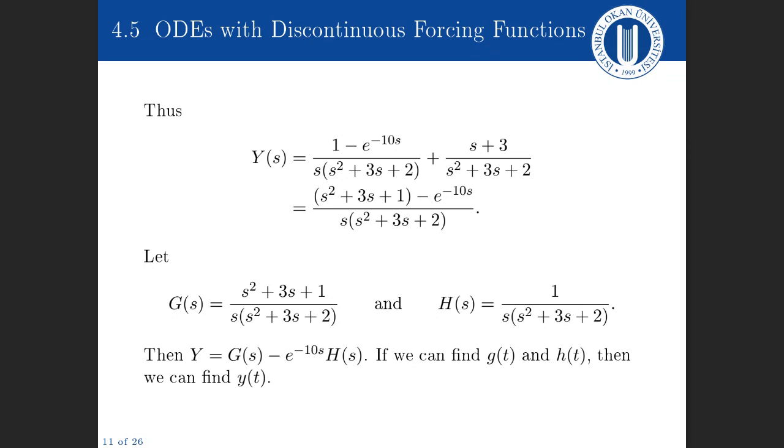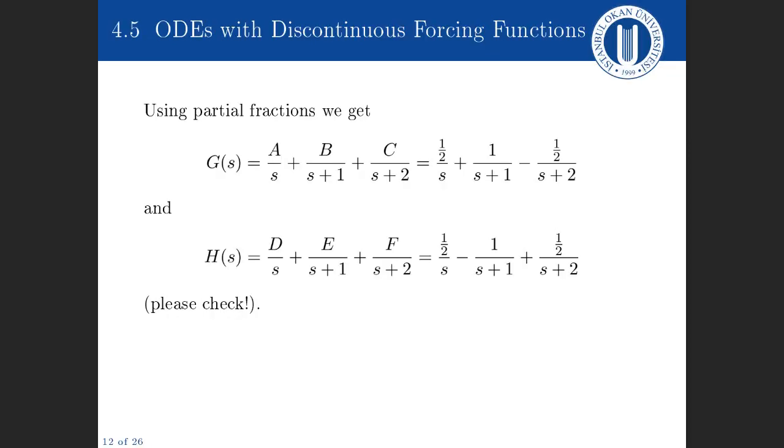So how do we find the inverse Laplace transform of capital G and capital H? We use partial fractions. Again, I'm skipping the details here because I want to concentrate on the new stuff. You know how to do this. When you go back through this lesson, when you read the lecture notes, you can check that I haven't made a mistake here. Check that these are correct for me.